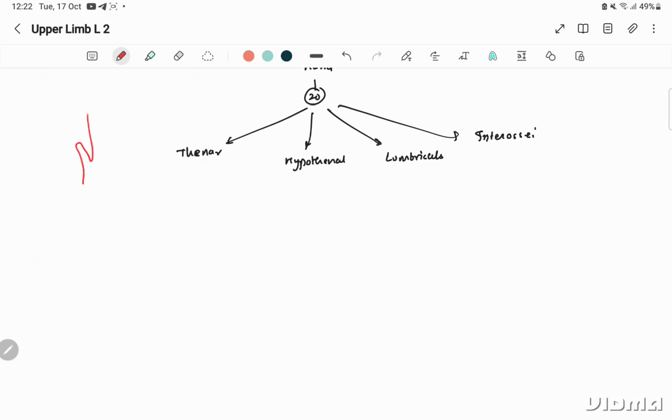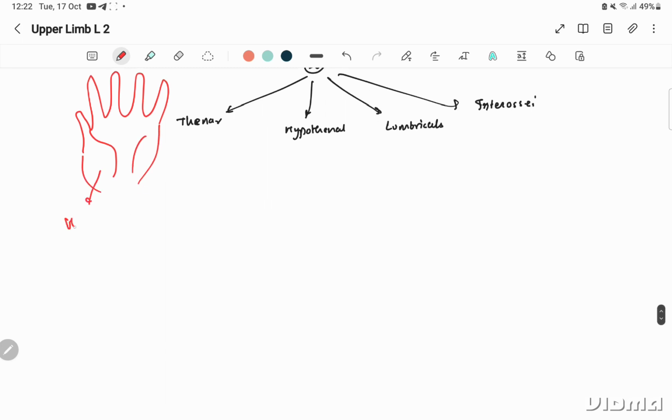You know that in our hand there are 2 eminences. This is the thenar eminence, the eminence that is formed by the thumb, and the eminence formed by the little finger is the hypothenar eminence. So muscles present in this thenar region are called thenar muscles.